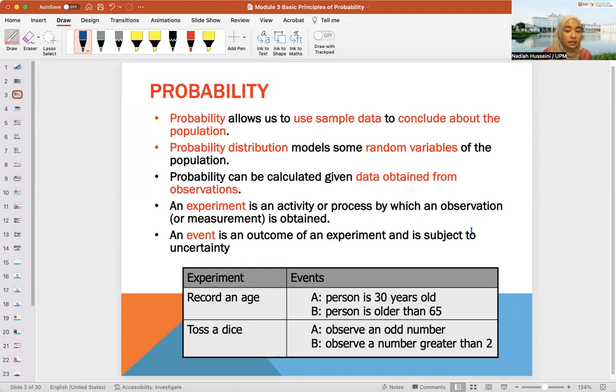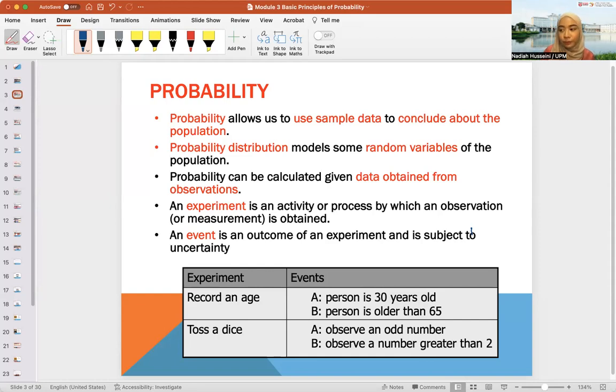An experiment is an activity or process by which an observation or measurement is obtained. So when you're doing something, let's say you are recording the weight of breads. Let's say you own a bakery, you want to sell breads, the same type of breads.